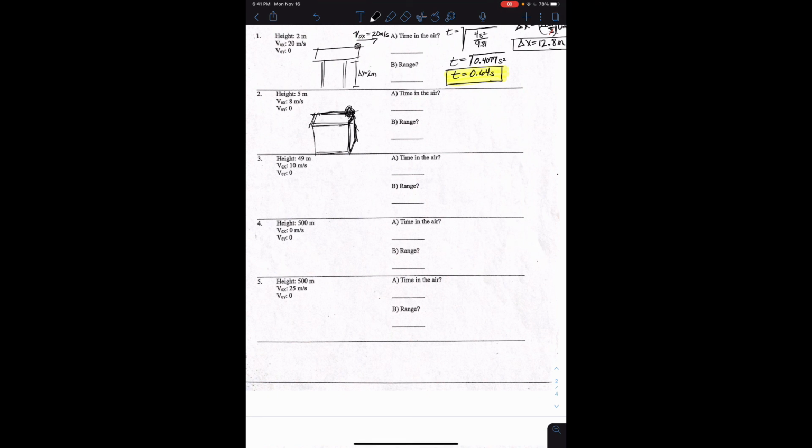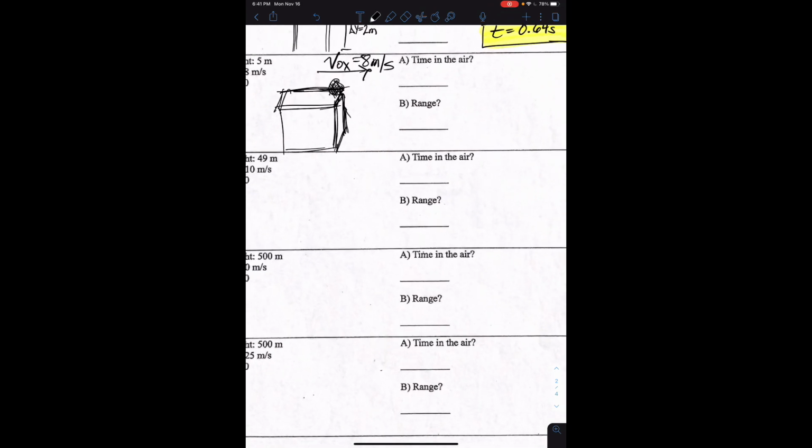It's going to roll off of this shed with a V0x of 8 meters per second. And the height here, the delta Y, is equal to 5 meters.